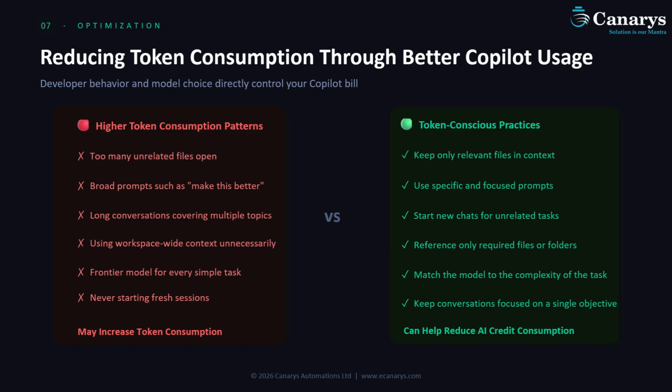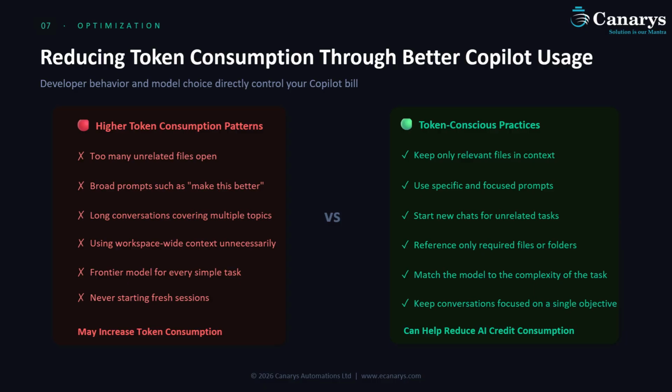Keeping only relevant files in scope, using clear and specific prompts, and starting new conversations for unrelated tasks can significantly reduce unnecessary token usage. Likewise, choosing the right model for the complexity of the task helps avoid excessive AI consumption. The goal isn't to use Copilot less, it's to use it more efficiently, so teams maximize value while keeping AI credit usage under control.